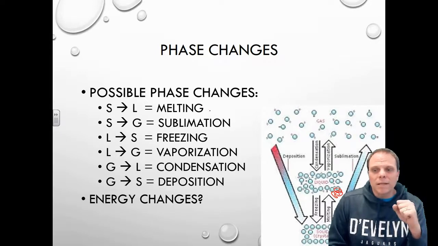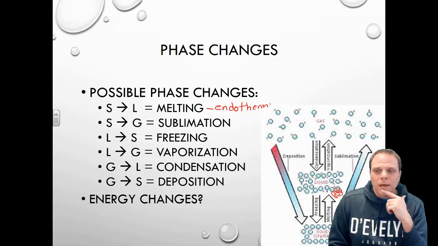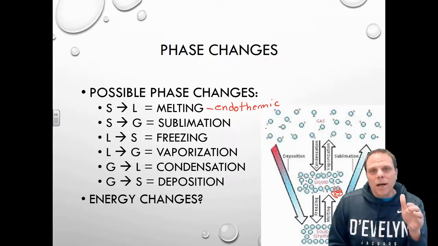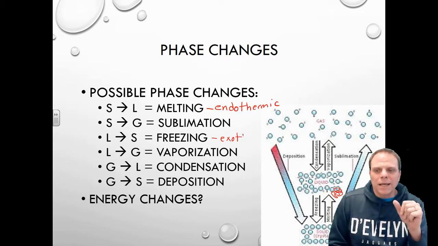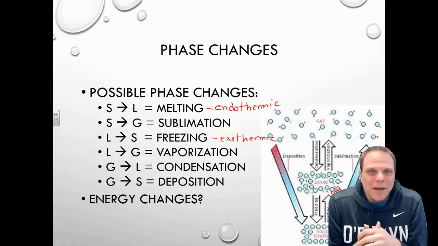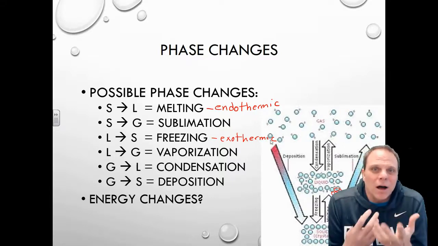So this is what we would consider an endothermic process, because it has to absorb energy. Then the opposite of melting is freezing, which means this is an exothermic process. Now, this is the part that's a little bit unintuitive, because freezing something actually gives off energy.